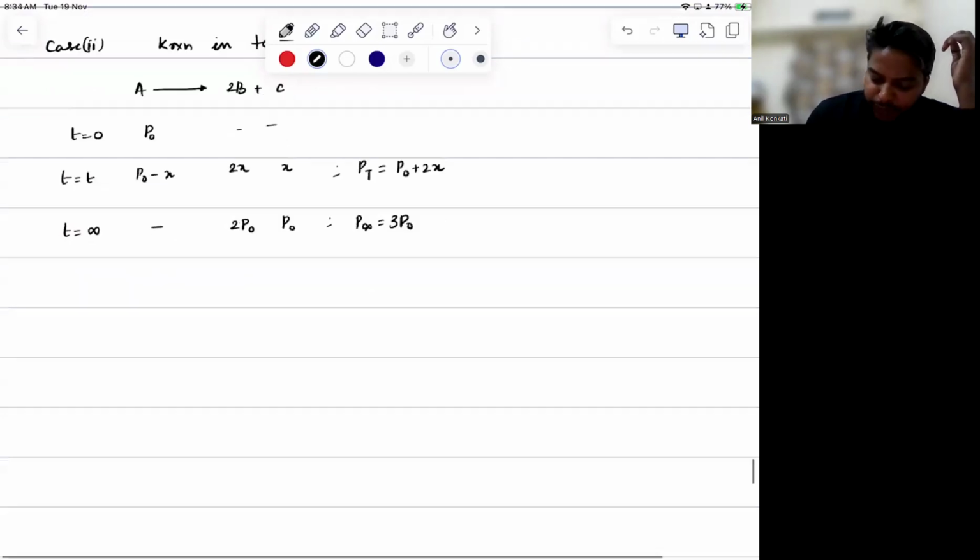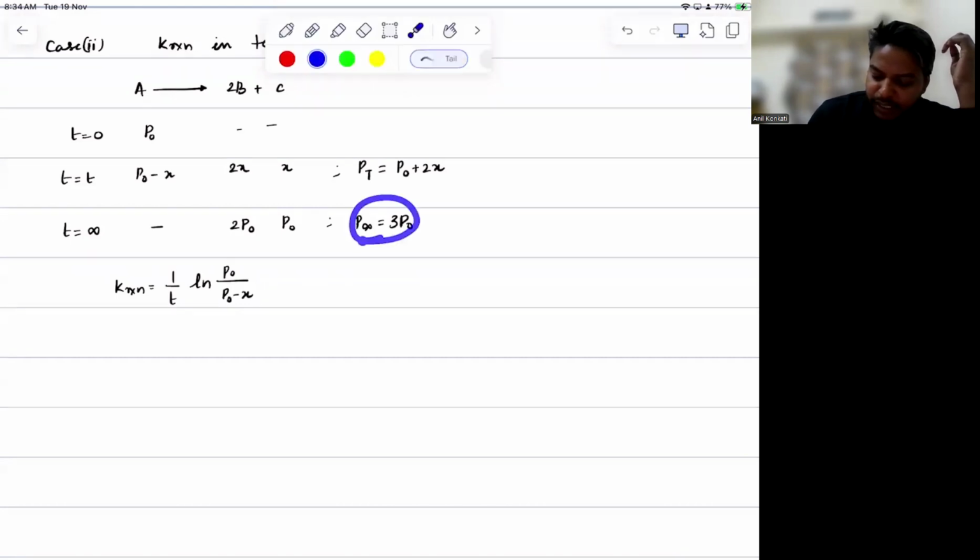Now, what is the formula we write? K reaction is equal to 1 by t ln P naught by (P naught minus x). Correct. So now this P naught needs to be replaced in terms of P infinity and x needs to be replaced in terms of Pt.